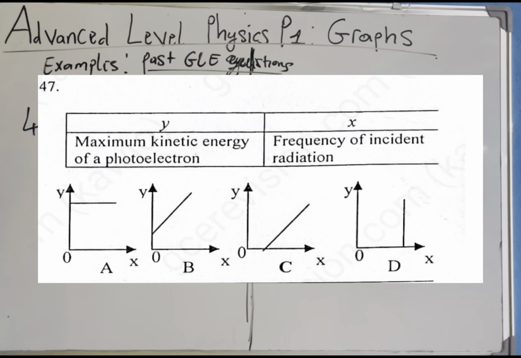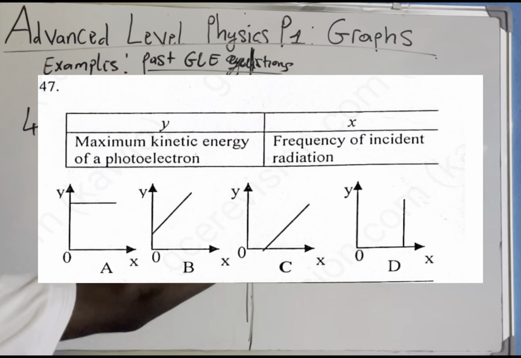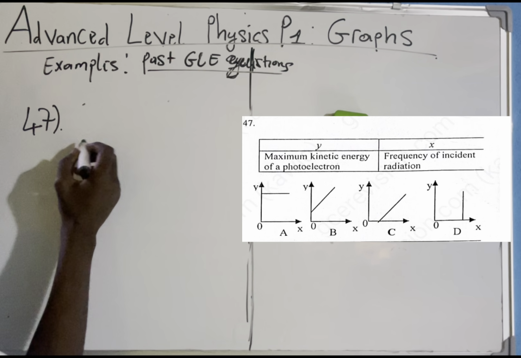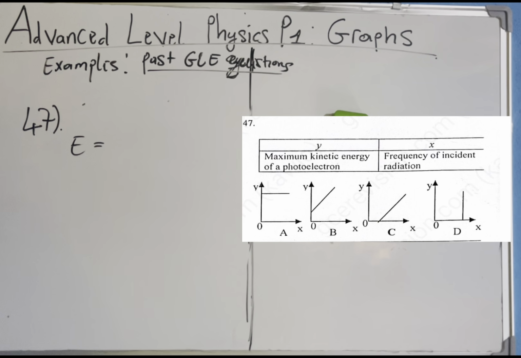Then, 47: Y is the maximum kinetic energy of a photoelectron, and X is the frequency of the incident radiation. Here, there's no way for you to come up with a graph without knowing the equation relating the maximum kinetic energy and the frequency of the incident radiation. We all know that one from Einstein's photoelectric equation.